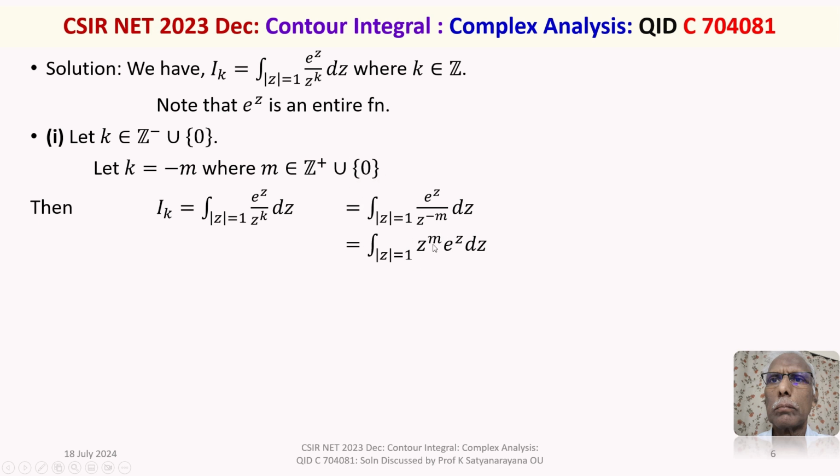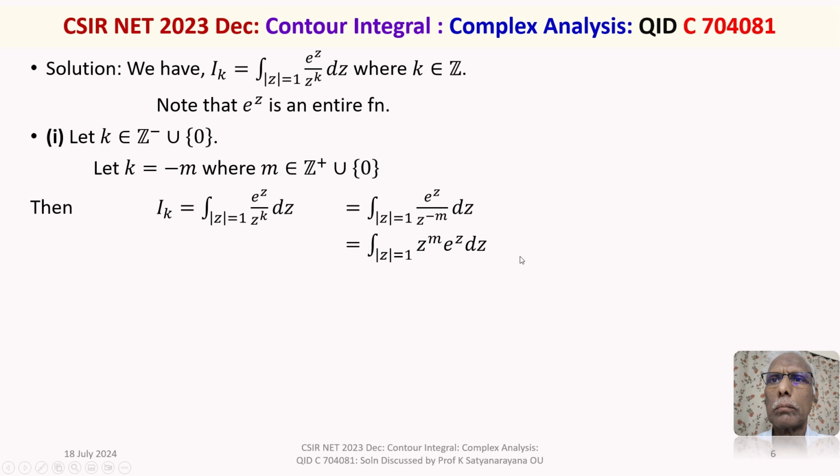Now, for these values of m, z^m is a polynomial, and it will be analytic everywhere, therefore it's an entire function. e^z is an entire function, the product is an entire function, therefore the integral taken around |z| = 1 of this entire function dz is 0.